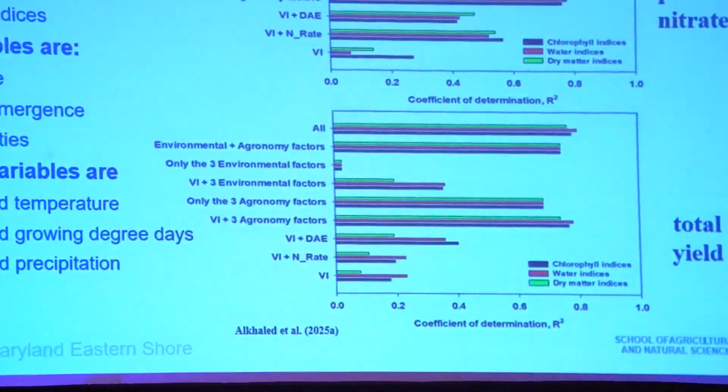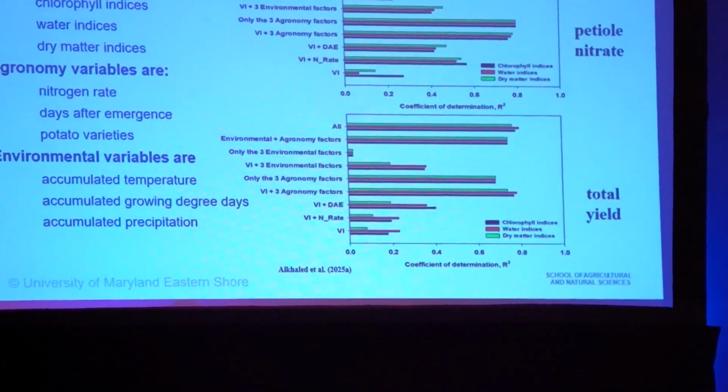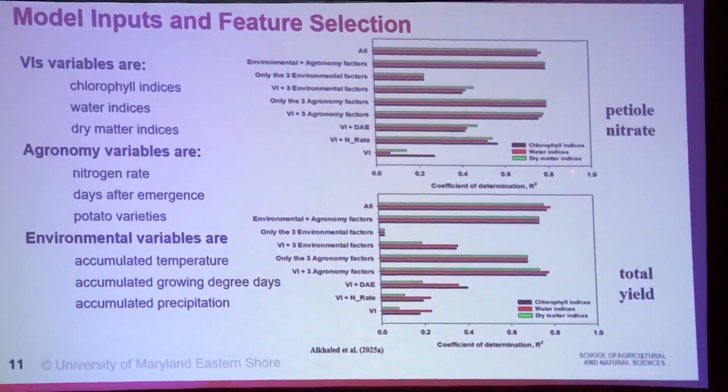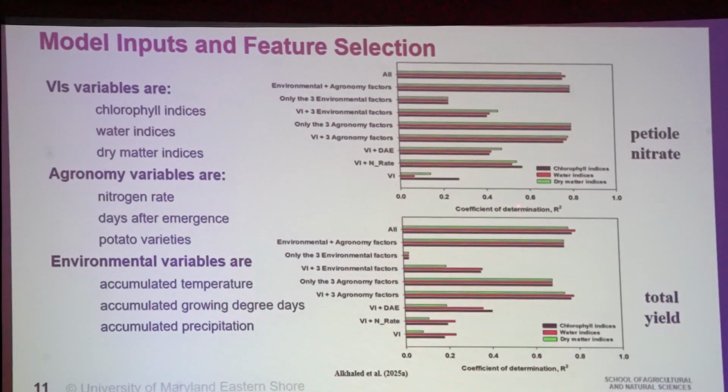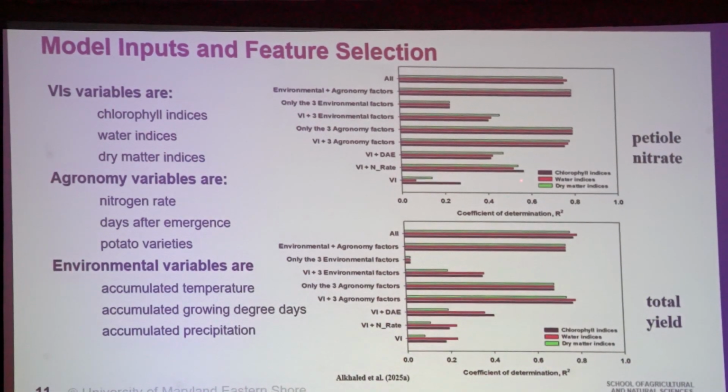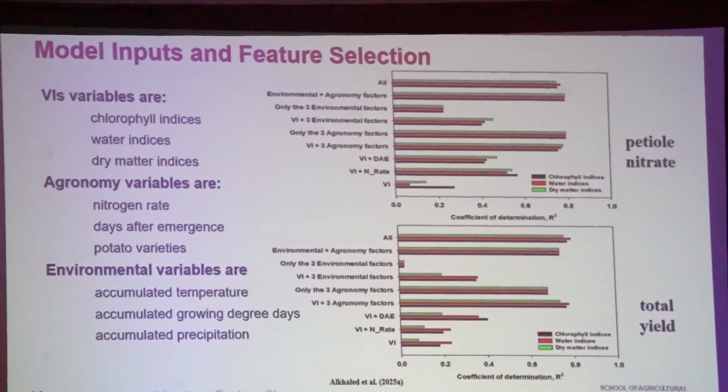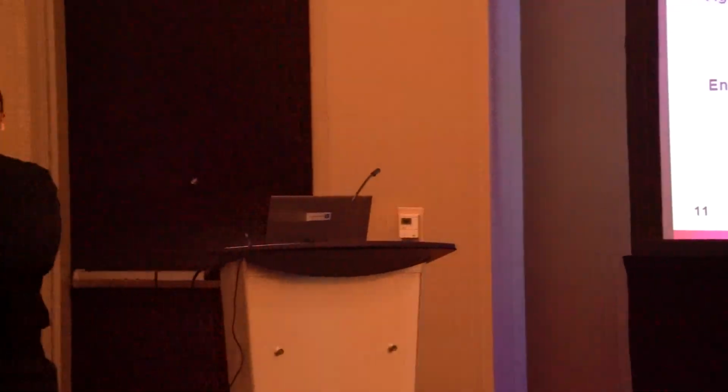On the right side, we have figures that assess and evaluate the combination of those inputs, how they relate to the petiole nitrate and also the total yield for potato, based on the R-square, the coefficient of determination. High R-square means those inputs can predict the yield. Lower means the model is not performing well.